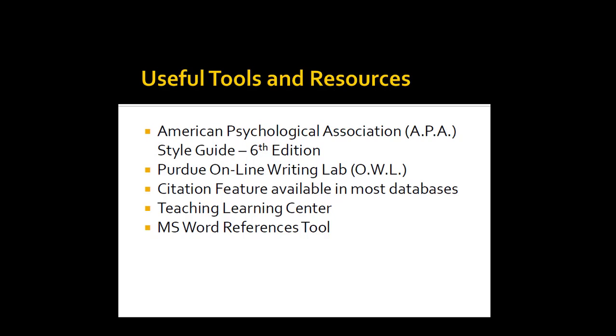There's also the library's Teaching Learning Center that you can email or drop in to have somebody help you with your APA citations or formatting. And then within Microsoft Word, there's a references tool that you can use and set to APA style 6th edition, and it will help you with creating your in-text citations and your references list.